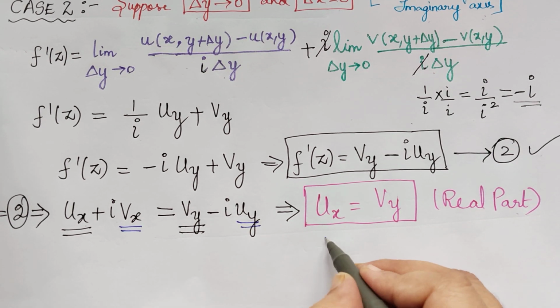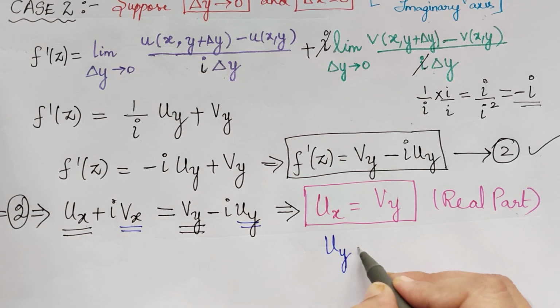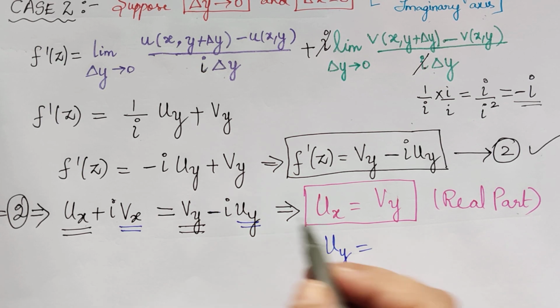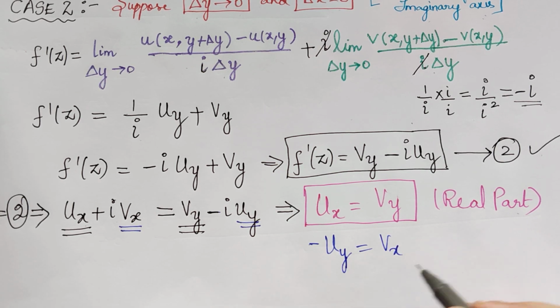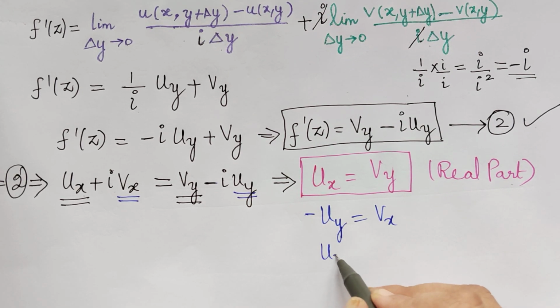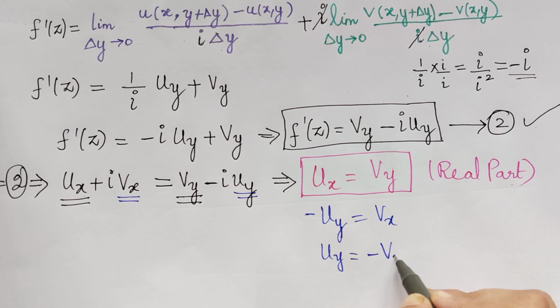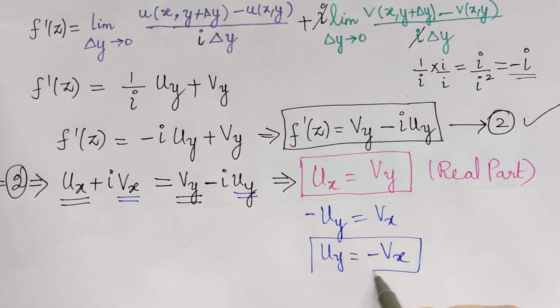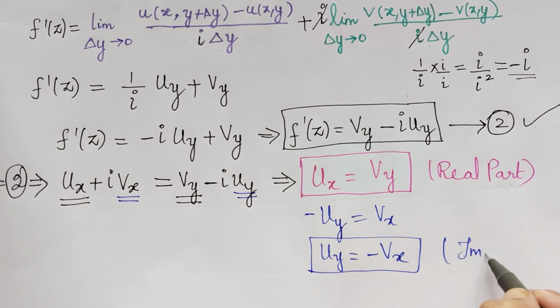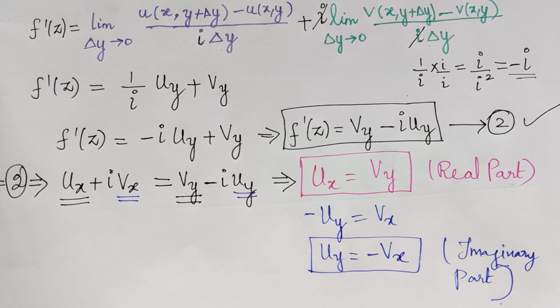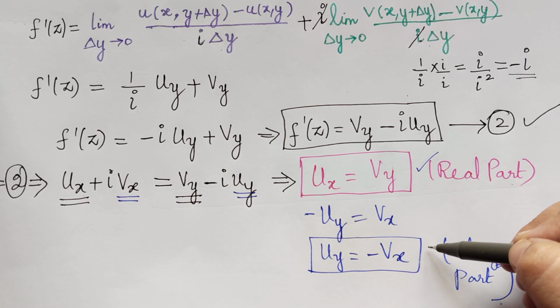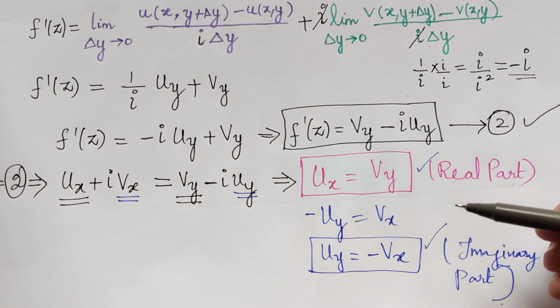So we obtain minus uy is equal to vx. So on rewriting it properly, we get uy is equal to minus vx. So this is by comparing the imaginary part. So we have obtained the required CR equations, that is Cauchy-Riemann equations.